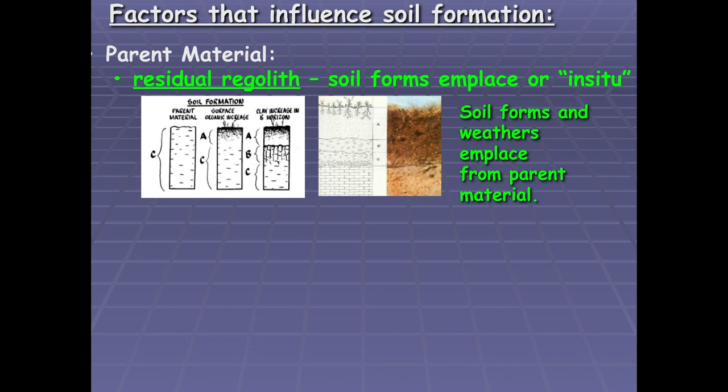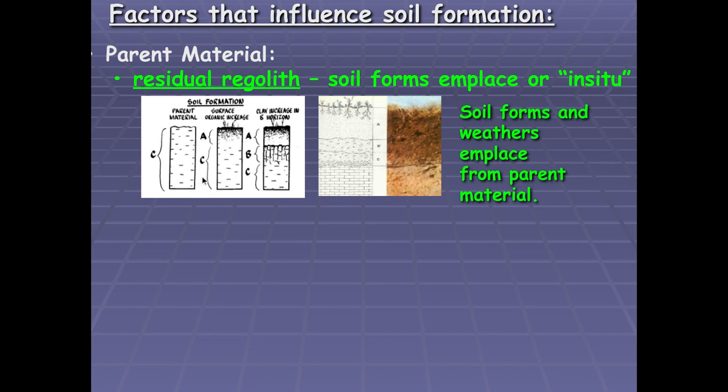So this diagram below kind of illustrates the previous soil profile that we showed in the previous slide. Here is your parent material. There's the C horizon. And then if you look at my arrow at the bottom of the diagram, this would represent time, and time would move on.